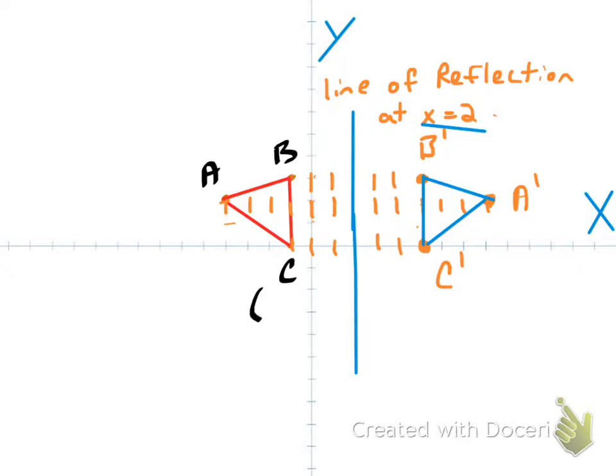C is negative 1 for x and 0 for y. A is negative 4 and 2 for y. And B is negative 1 and 3 for y.